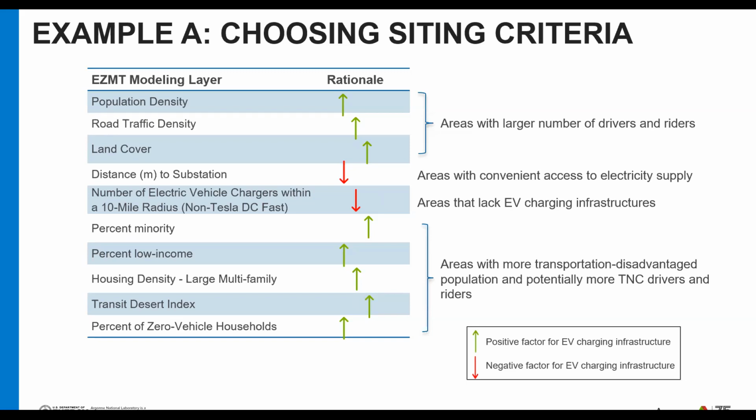So we want to put chargers where these modeling layers are high, because many studies have shown that areas with more transportation disadvantaged populations would potentially also have more TNC drivers and riders. So this is the rationale of why we chose these modeling layers and how we configure them to work in the model. Next slide, please.